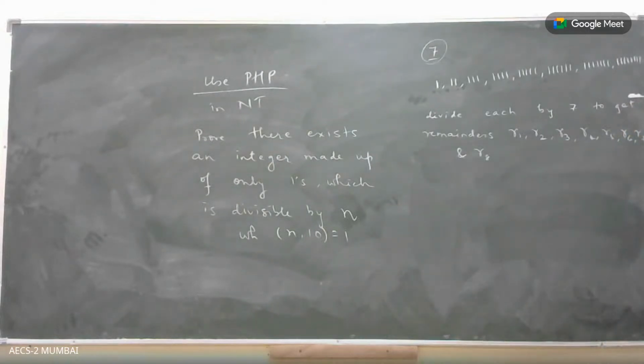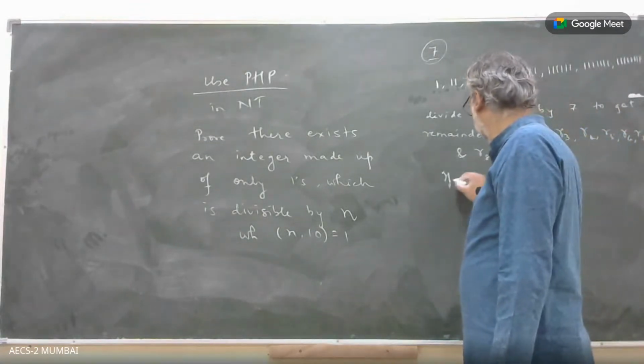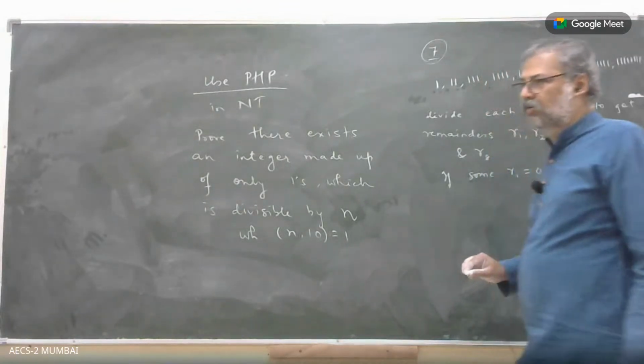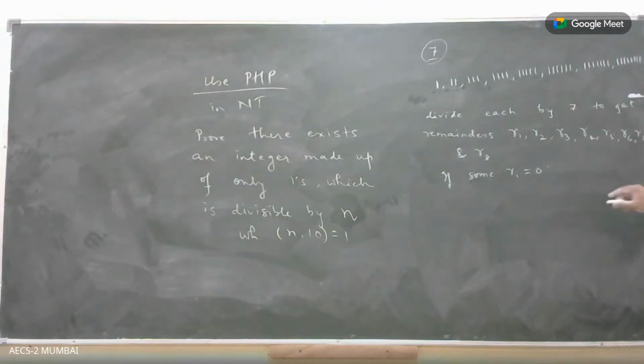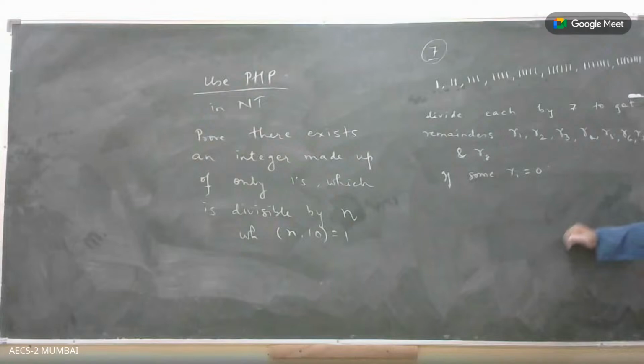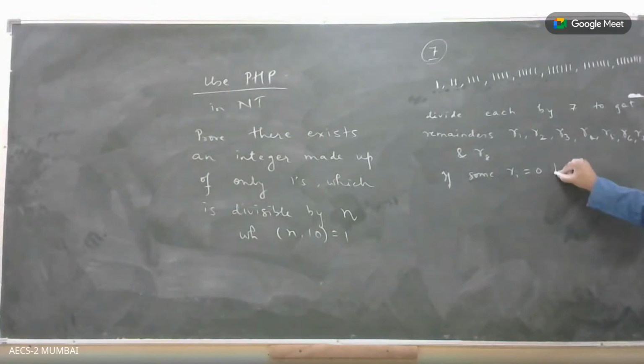Now if one of them is 0, then we are done. So if some r_i is 0, what is the meaning of remainder 0? When I divide a certain number by another, I get some quotient and remainder 0. So if some remainder is 0, then 7 divides that number.